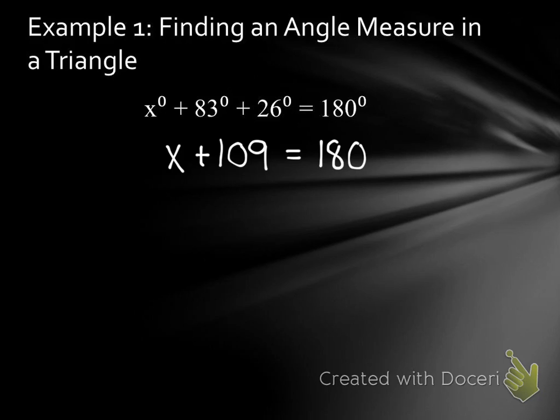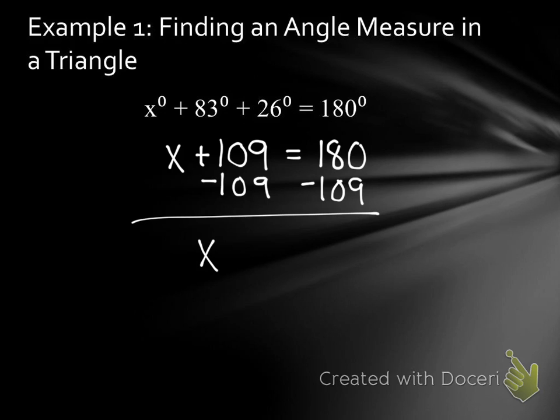This is exactly how I want you to do your homework. Now, how do I solve for x? Subtract 109 from both sides. Yes, I want you to show this step. And yes, you can use your calculator to find your answer. X equals 71 degrees. Don't forget your degree sign in your answer. That's like your label.